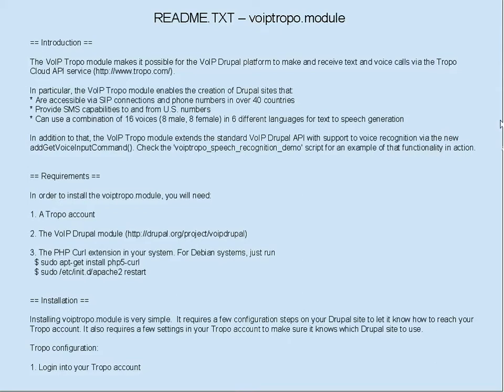How do things work? Well, things work in a back and forth way. Information is transferred back and forth between these systems. There's a phone user, there's a VoIP provider. We're using Tropo today. There's Drupal, your website, and the VoIP Drupal modules and other modules that VoIP Drupal works with. And then there's the web user.